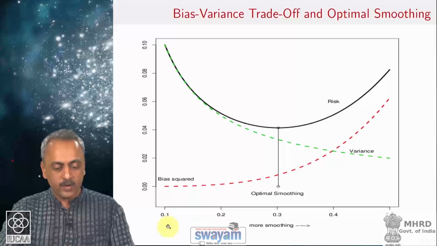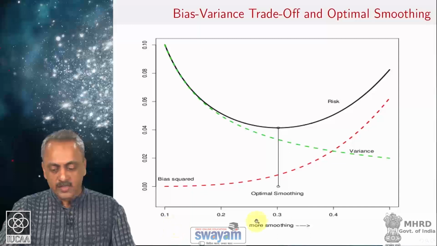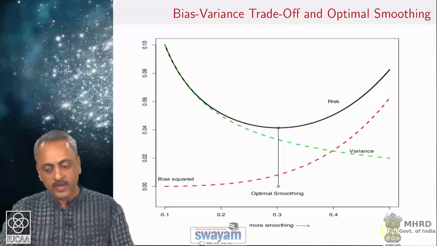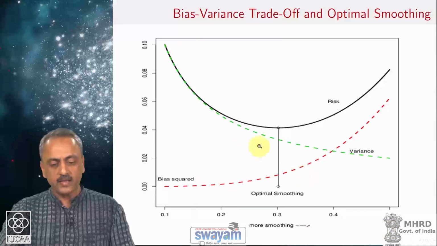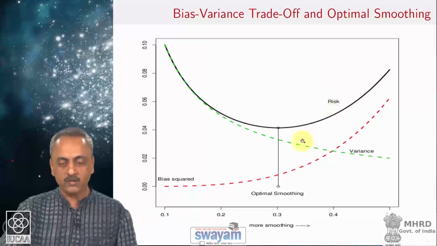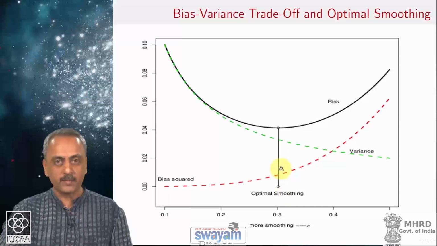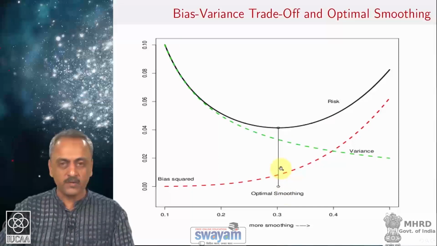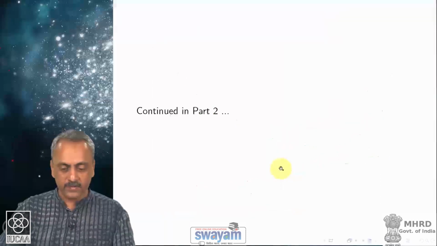At this end you have got higher bias, which means smoother fits. At this end you have got more wiggly fits, lower bias, higher variance. And if you add these two together, then you have a behavior. This quantity is oftentimes called the risk of the fit, and you see a minimum somewhere, and this is what gives you the optimal smoothing. So, this is a schematic way of representing this bias variance trade-off.